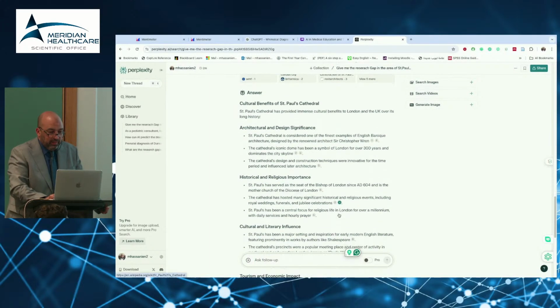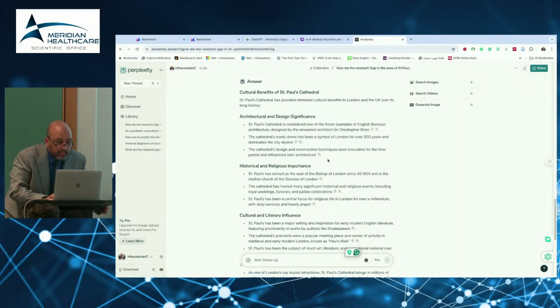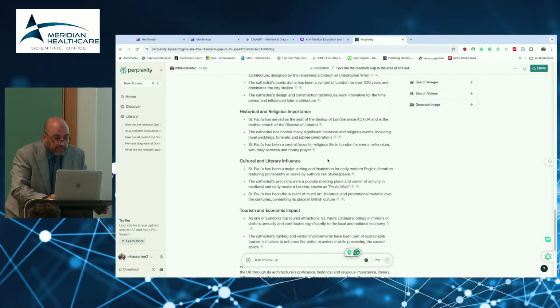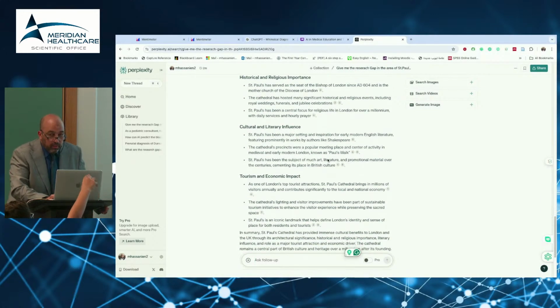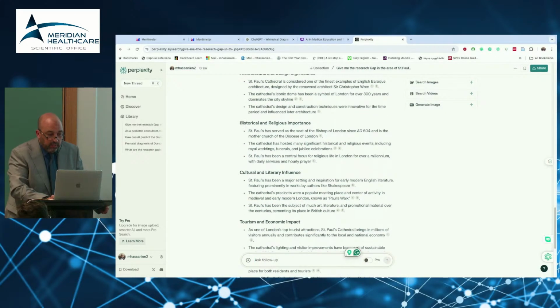Whatever you need, it will respond. You can even change, instead of benefit, write significance, whatever. So: architectural and design significance, historical and religious importance, cultural and literary influence, and economic impact.